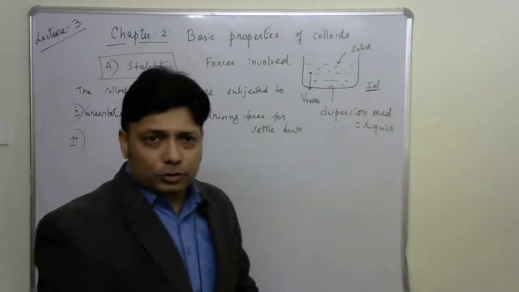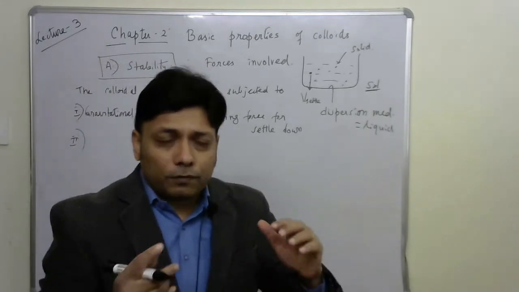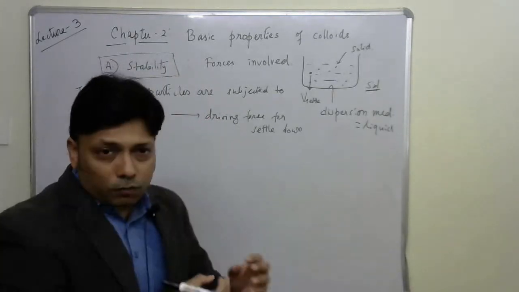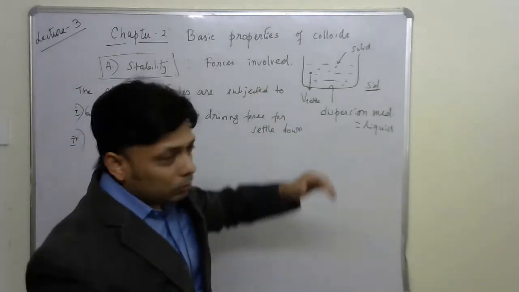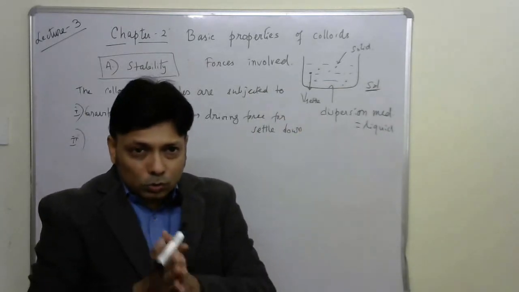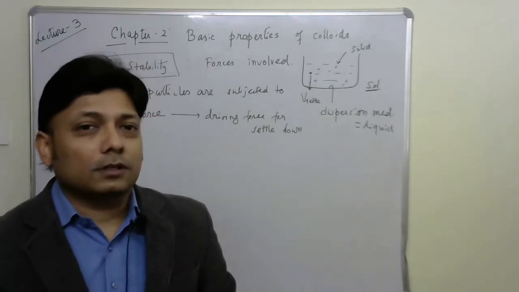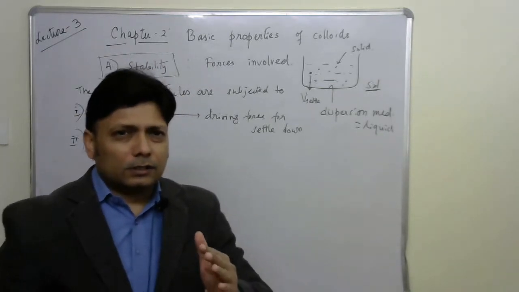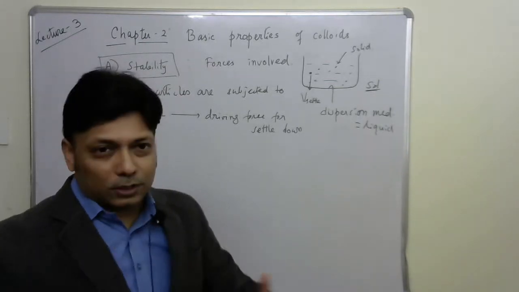Now the question is, what should be the other kind of force? Remember, the particle is in liquid. Even if the gravitational force is pulling the particles down, while coming down they must make their way through the liquid molecules. The bulk liquid molecules won't let these particles easily go.